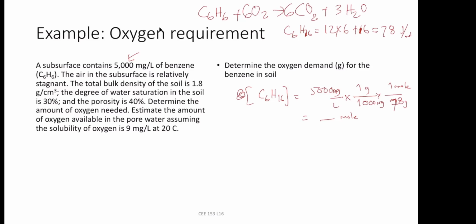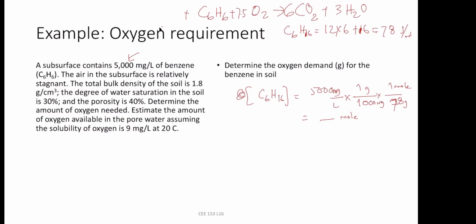So that means you add 3 extra oxygen on this side. So that will be 3 by 2 oxygen more. When you add that, 3 by 2 plus 6, it will be 1.5, so that will be 7.5. Okay, that's the balance. So that means you need 7.5 mole of oxygen.